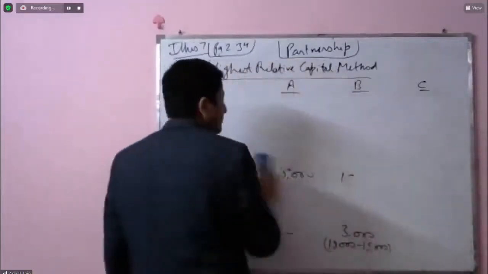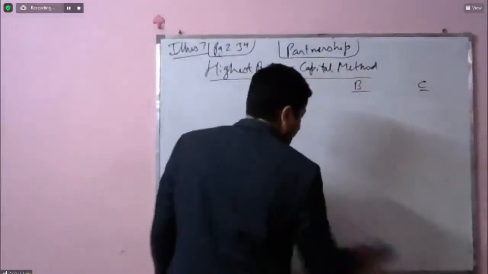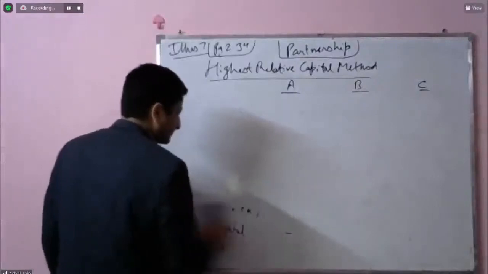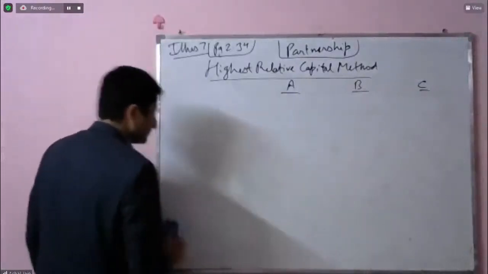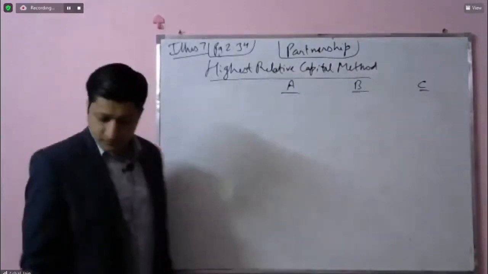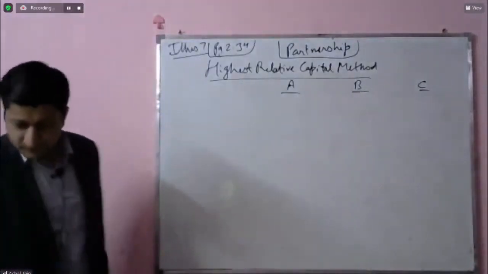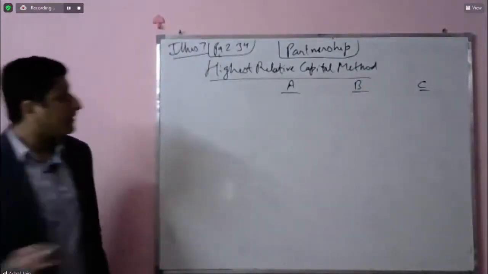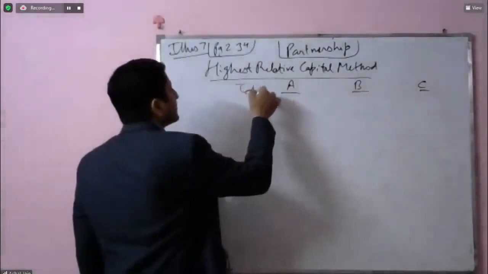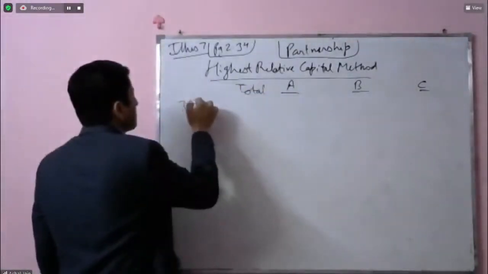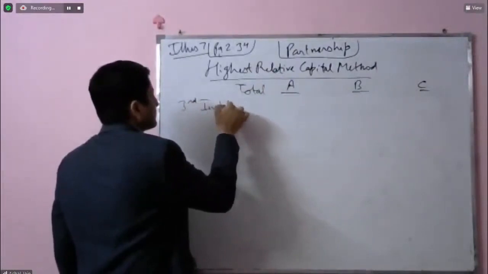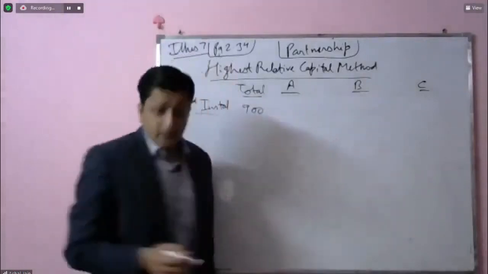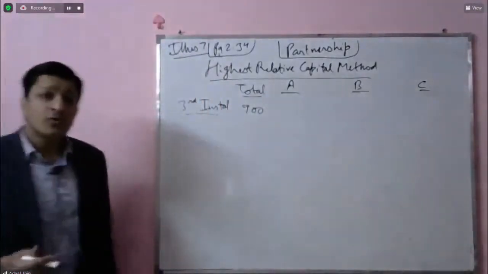Now we are moving on to the distribution. Third installment, total amount was 900.